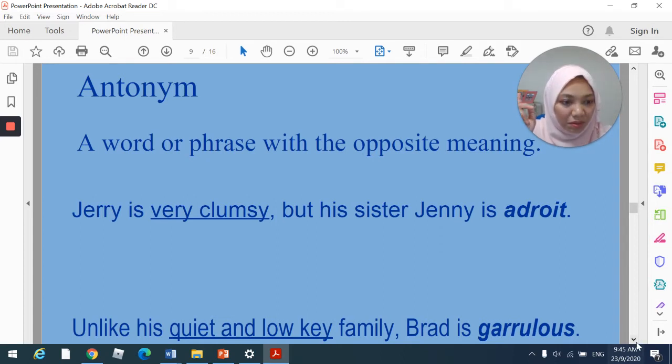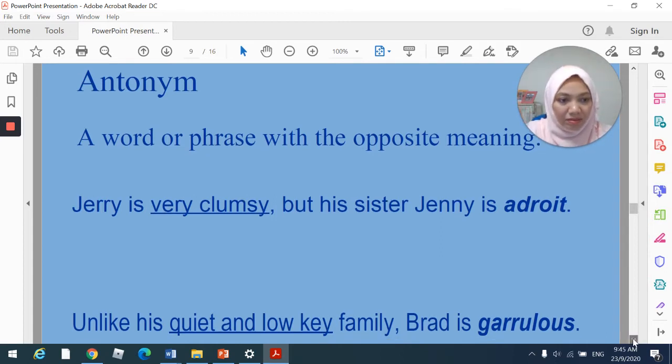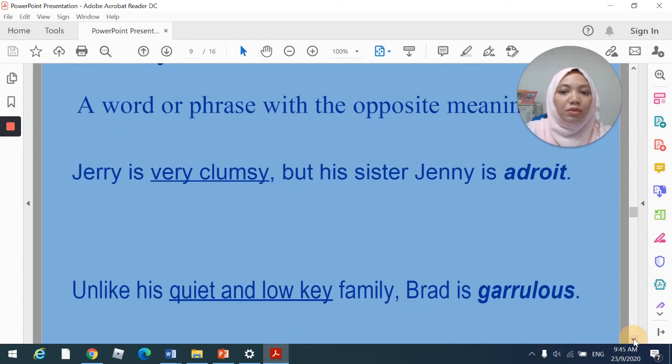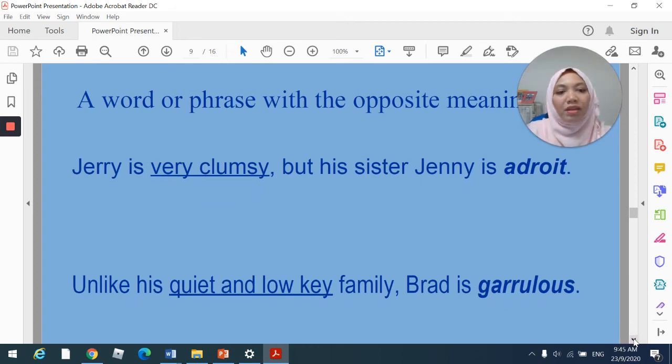So you get to know the meaning of adroit. Unlike his quiet and low-key family, Brad is garrulous. Quiet, low-key, so garrulous is the opposite of it because of the word unlike.